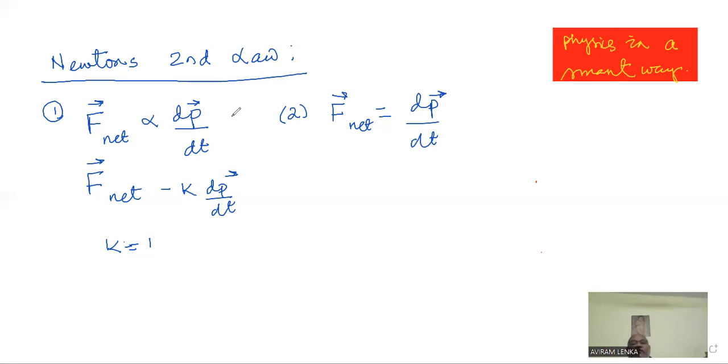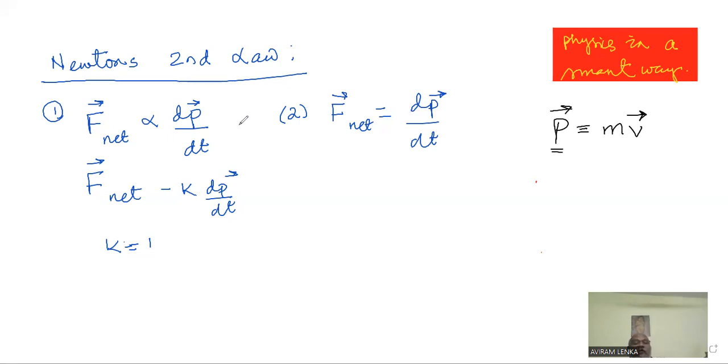Of course, at this time, you must be knowing what momentum is. Momentum is a vector quantity, the product of mass and velocity. Because velocity is a vector, momentum gets a direction, and its value is determined by the product of mass and velocity.